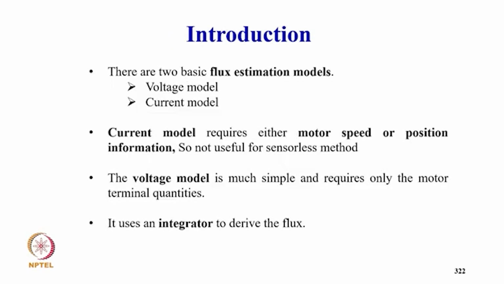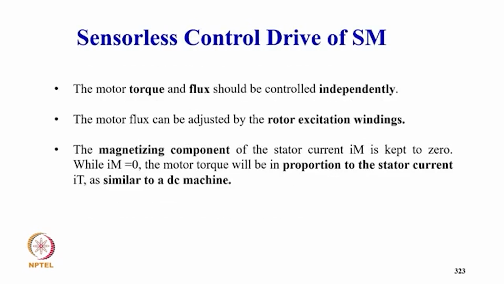There are two basic flux estimation models: voltage model and current model. The current model requires either motor speed or position information, so it is not useful for the sensorless method. The voltage model is much simpler and requires only the motor terminal voltage quantities, using integration to derive the flux.